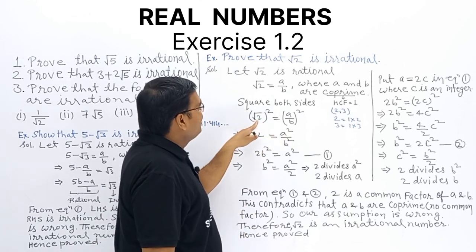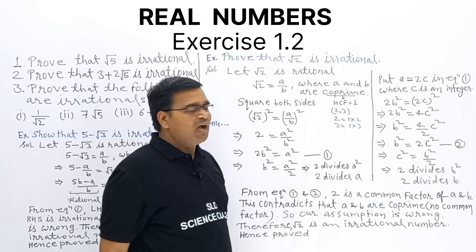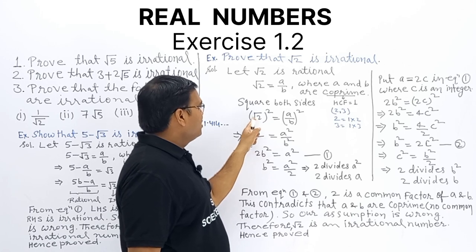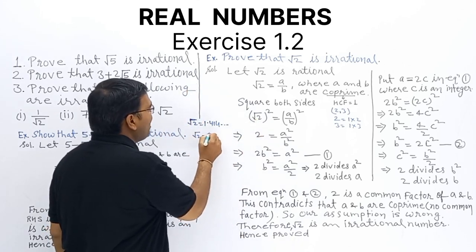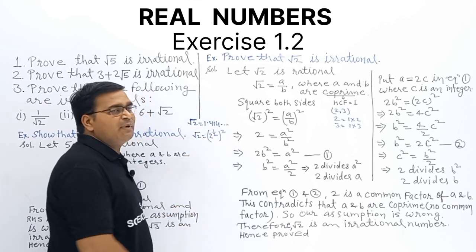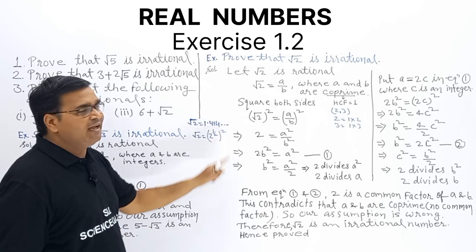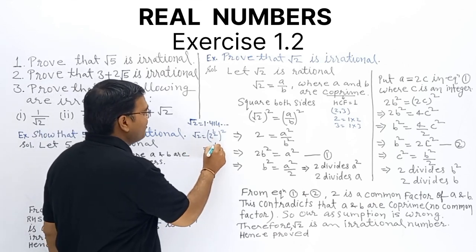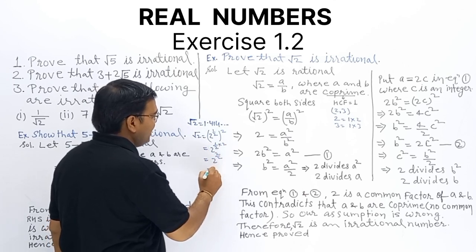Now we know well root 2 squared will be what? 2. How do we get this? Root 2 can be written as 2 power 1 by 2, and its whole power 2. Now we apply laws of exponents: a power m whole power n, so 2 power 1 by 2 into 2, and the answer is 2 power 2 by 2, and this is 2.